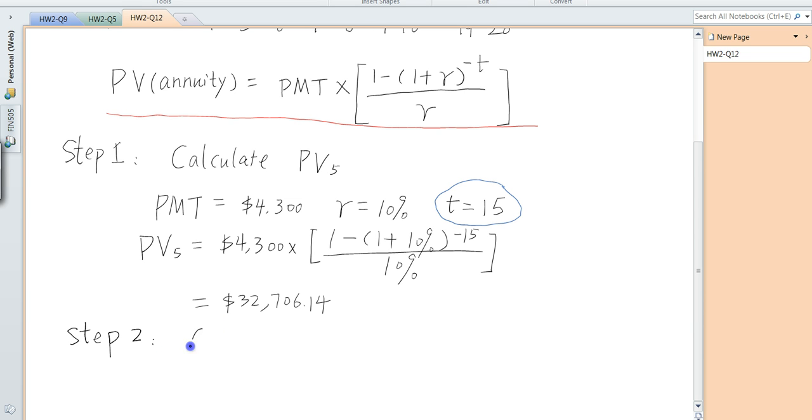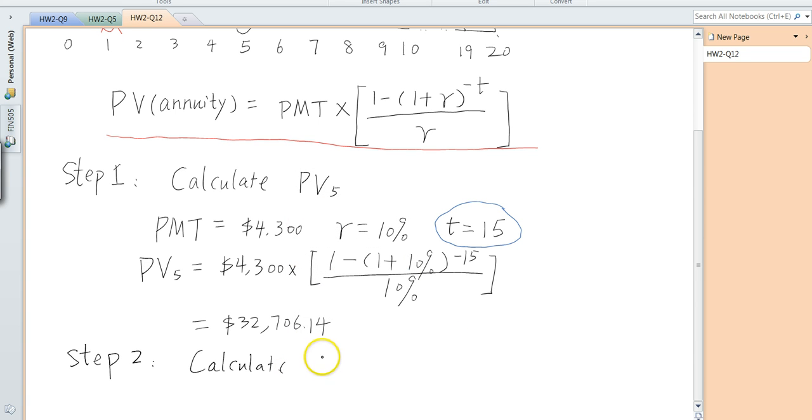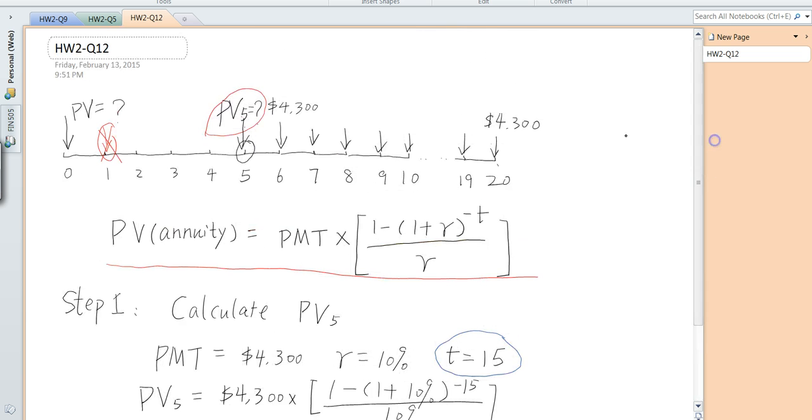So then the second step, step 2, is to calculate the true present value. So relative to the true present moment, year 5 now becomes the future.